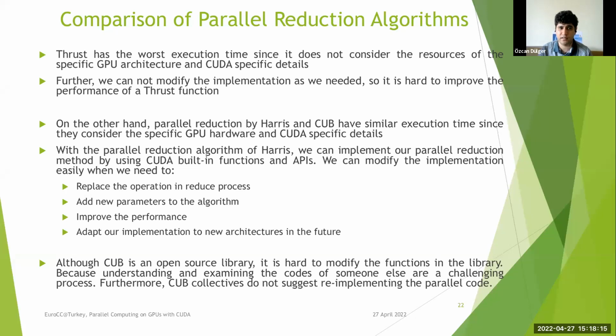So it has the worst execution time. Furthermore, we cannot modify the implementation of the reduction in Thrust as needed, so it is hard to improve the performance of a Thrust function.